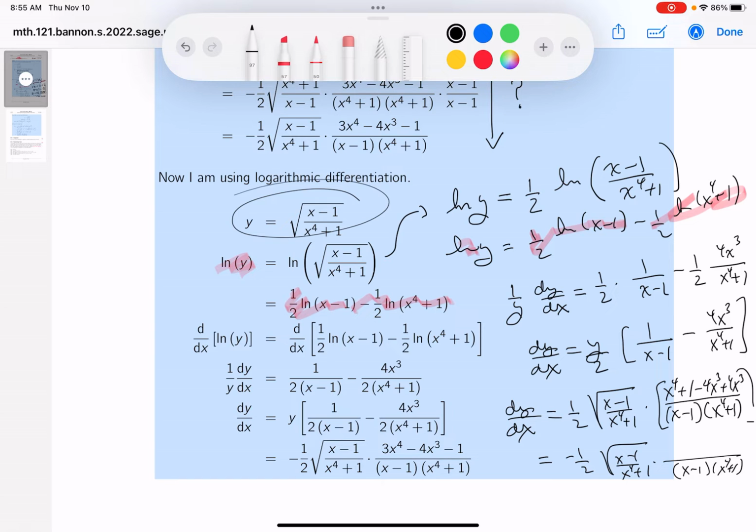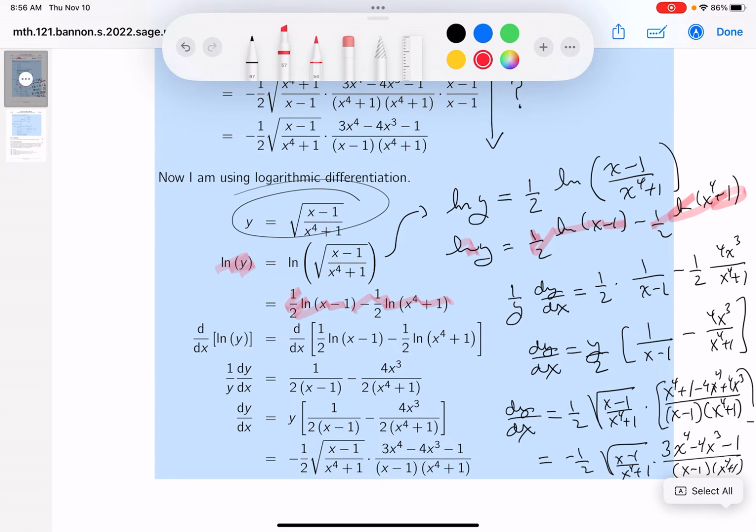It's minus 3x to the fourth, I'm sorry, I made a mistake in that notation too. But I factored out a minus 1, so it's 3x to the fourth, and minus 4x cubed, minus 1.